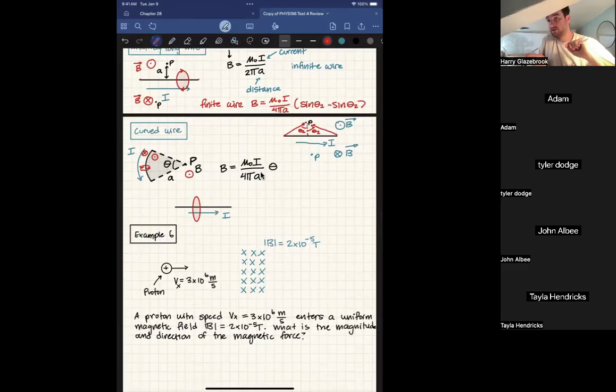And if I put my thumb along the current, it looks like that magnetic field is going clockwise. So I'm going to draw my arrows noting that it's going in a circle this way. If my point P is up here, the magnetic field at that point is coming at me, and that's how I know it is coming out of the page. Down here, it's going away from me, so that's how I know it's going into the page. So this is a way of writing that loop without writing the loop. That makes sense.